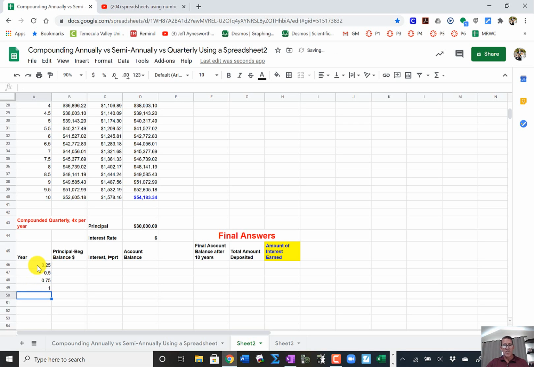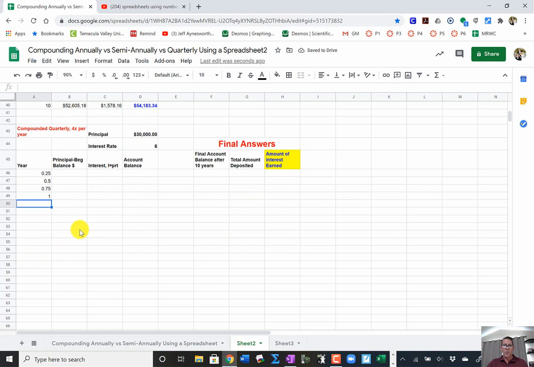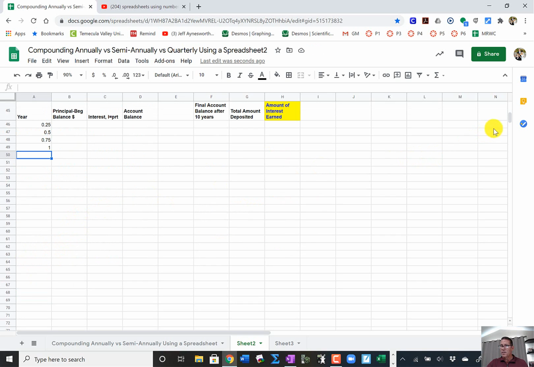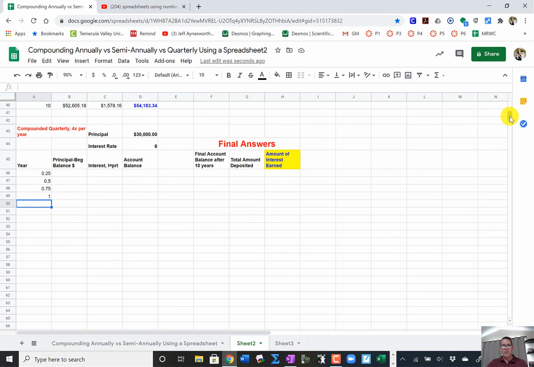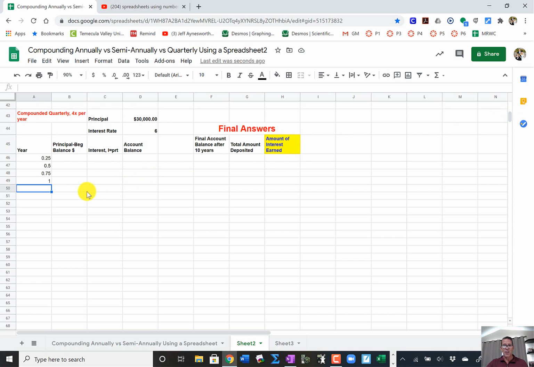Now again, what's cool about Google Sheets is that it recognizes patterns. It's intelligent because of its programmers. So you highlight the cells that you need to recognize the pattern from, and again, this is an arithmetic sequence where the common difference is 0.25 or a quarter. You keep on adding a quarter, and you'll get increments of a quarter all the way throughout the 10-year period.